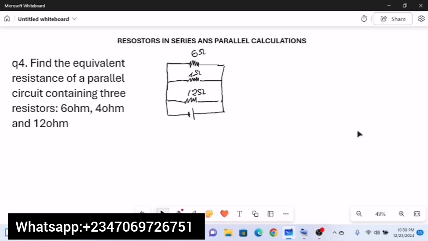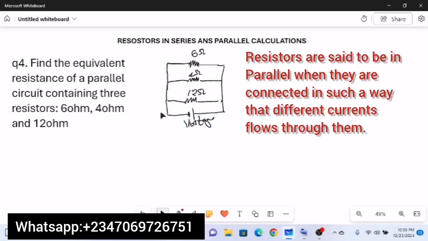So when resistors are connected in parallel, this is what the diagram looks like, where this once more is our voltage source. This is our voltage. Resistors are said to be in parallel when they are connected in such a way that different amounts of current flow through them.